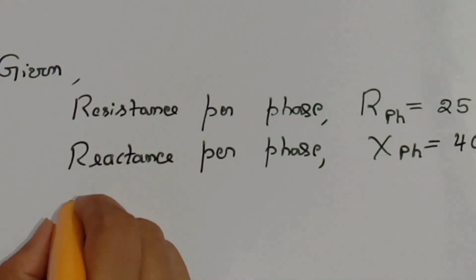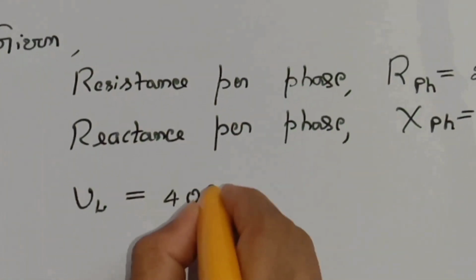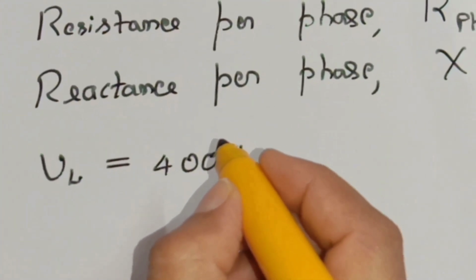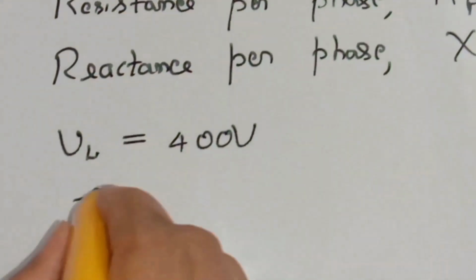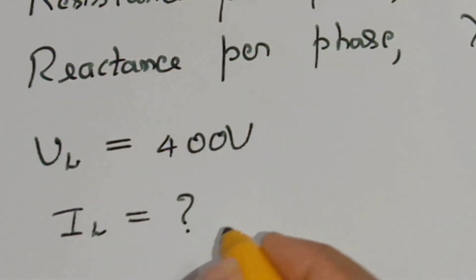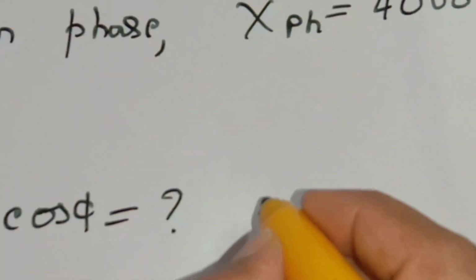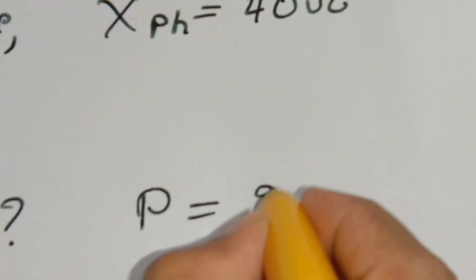Voltage given, that is line voltage, is 400 volt. We have to find out the line current, which is IL, then power factor, that is cos phi, and power consumed, that is capital P.